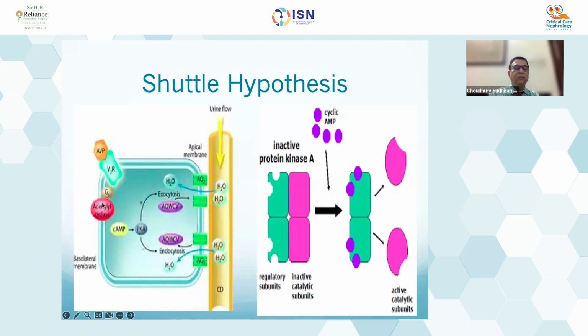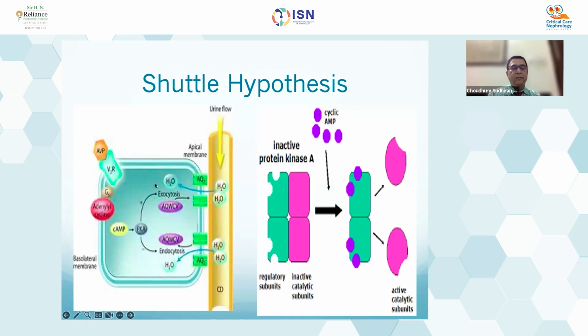So the sodium potassium ATPase pump, when triggered, will cause extrusion of sodium and inward movement of the potassium into the cell.